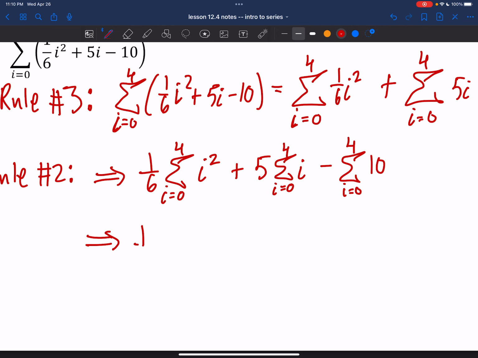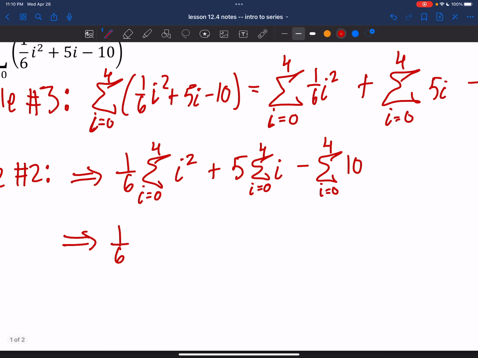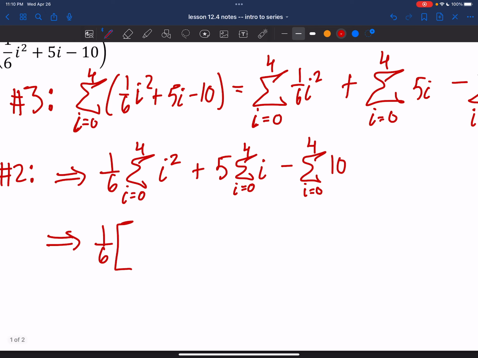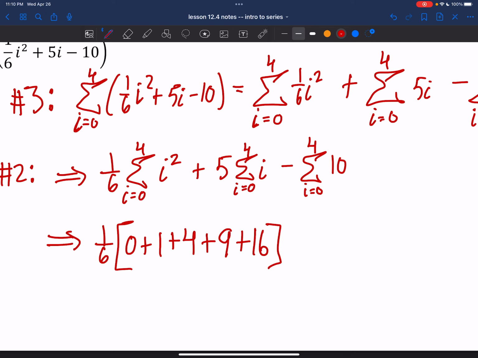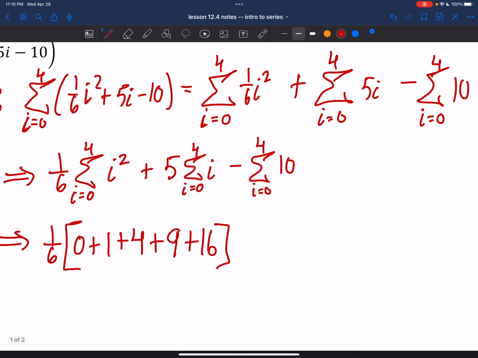So this is 1/6 times, and I actually like to do brackets sometimes, I squared from I equals 0 to 4. So it means 0 squared, which is 0, plus 1 squared, which is 1, plus 2 squared, which is 4, plus 3 squared, which is 9, plus 4 squared, which is 16. So that's the first one.